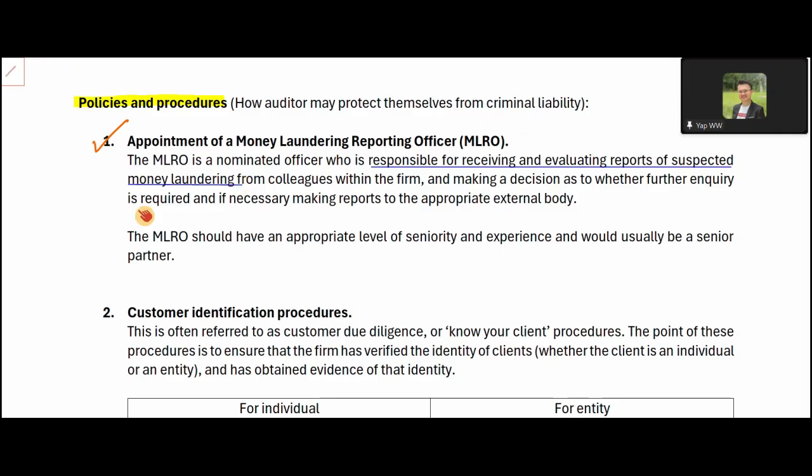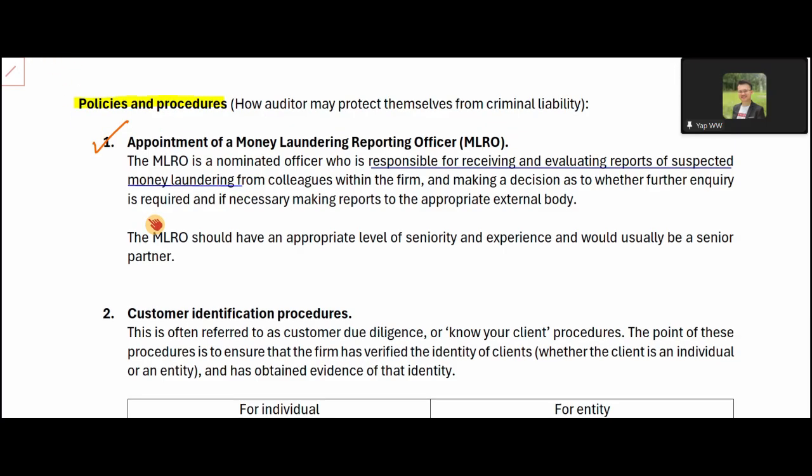For example, in an audit firm, one of the audit juniors encounters suspected money laundering. Do you think it is proper that the audit junior goes and questions the client? Hey, client, are you involved in money laundering? Definitely, that is not the correct way because that will tip off the client.